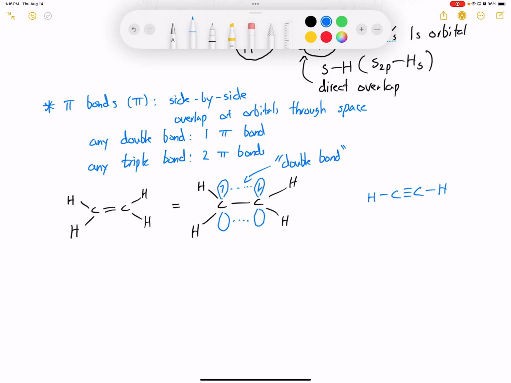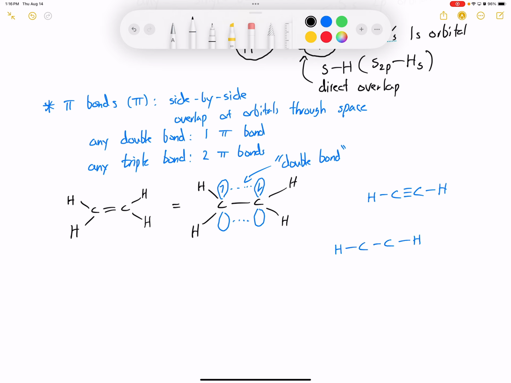Alkynes have use in chemistry. They're not as prevalent as alkenes, but they're still important in pharmaceuticals. Okay? So here is my carbon backbone.